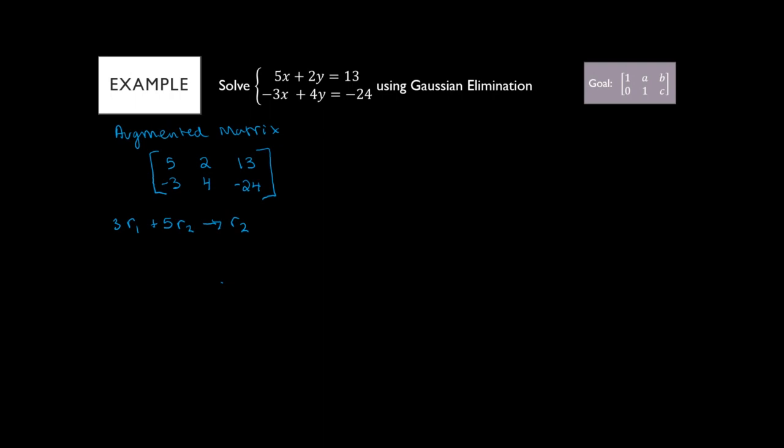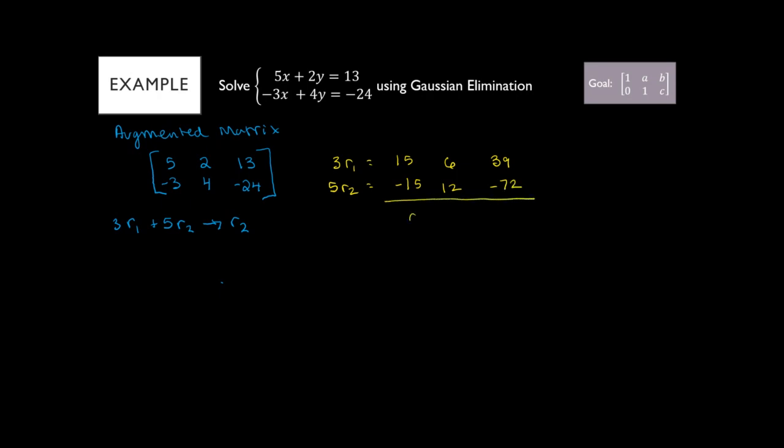So step by step, first 3 times row 1 gives me 15, 6, and 39. 5 times row 2 would be -15, 12, and -72.